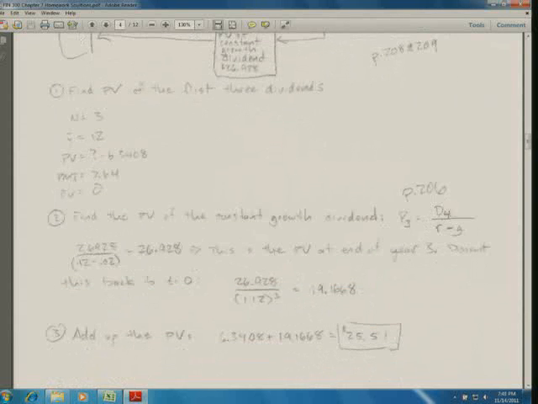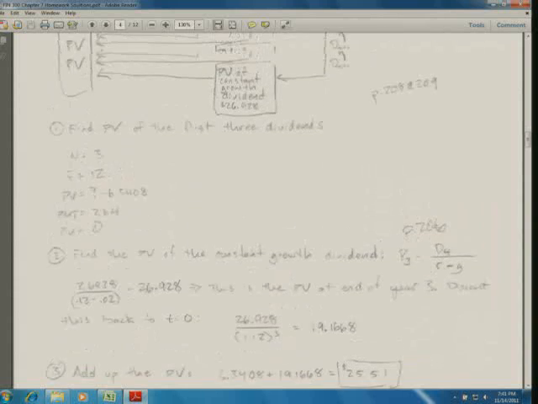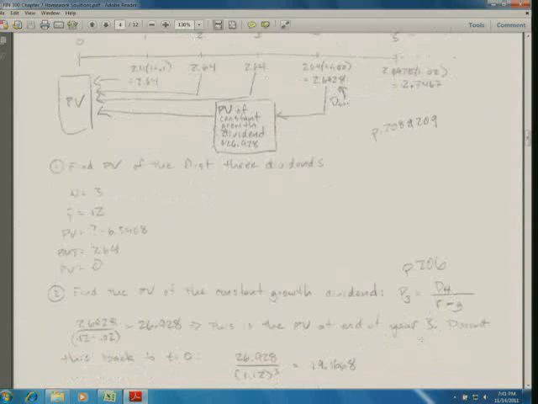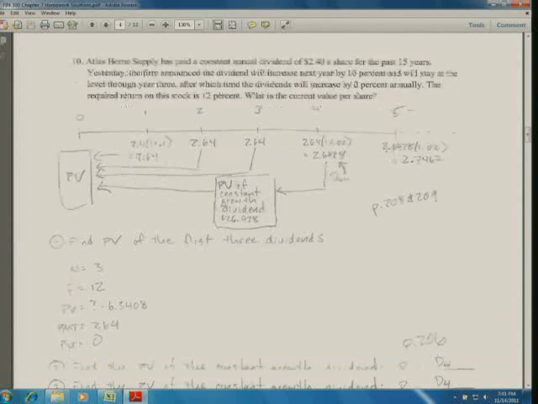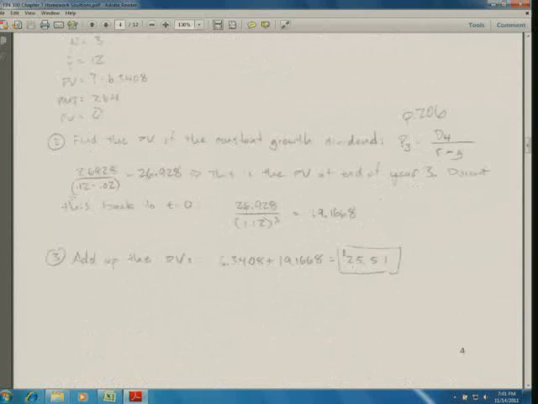Okay, that's going to be dividend 4 for us, divided by our required rate of return, which in this problem is going to be 12%, minus our growth rate. Now, this is our constant growth rate for a constant growth stock. So in this problem, it's going to be 2%. That's what we expect the dividend to grow by each year. So when we plug these numbers in for this problem, we take that dividend at the end of year 4 of 2.6928, and we divide it by our required rate of return of 12% minus the growth rate.